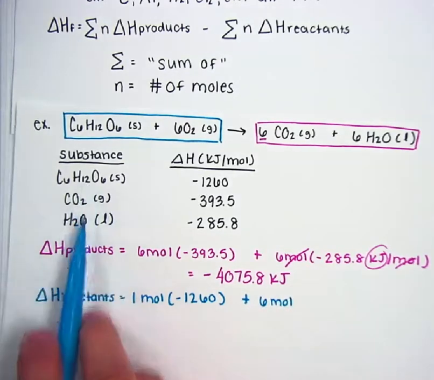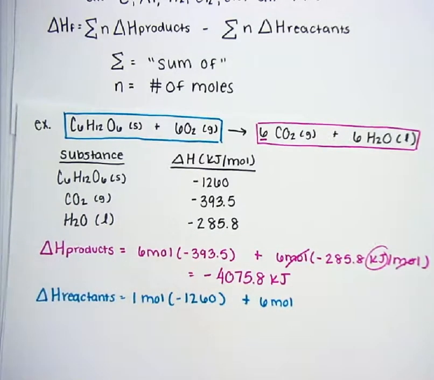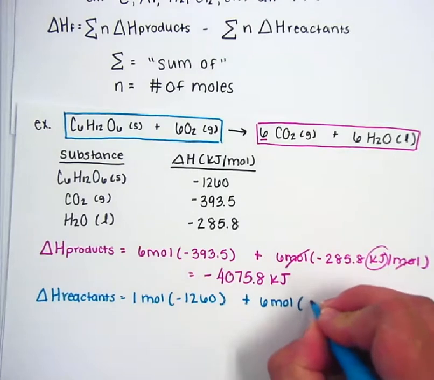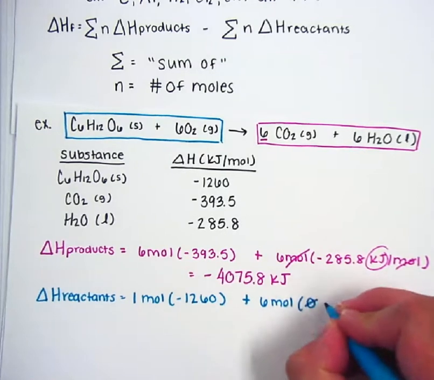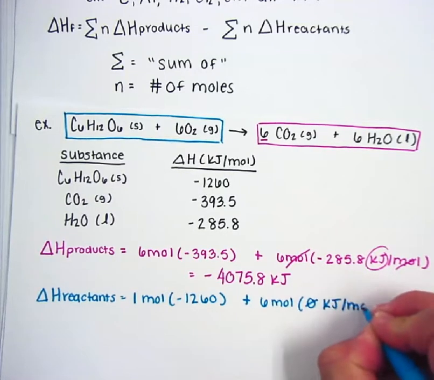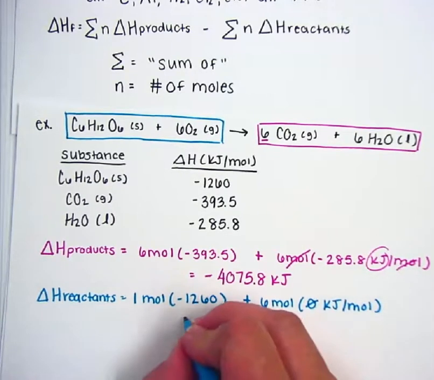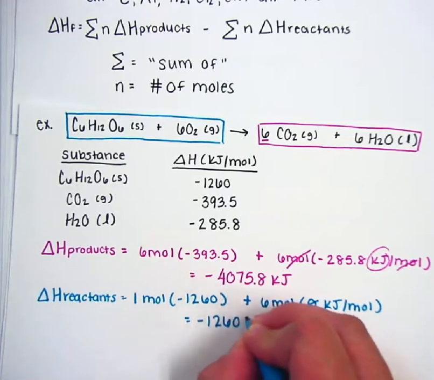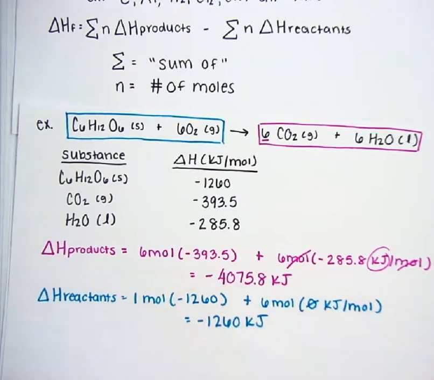Notice that there is not a value for oxygen in my data table. That is because elements in their standard state have a delta H value of 0. So you could just leave oxygen out if you wanted, but for sake of completion, I'll put it in there. Negative 1,260 kilojoules.